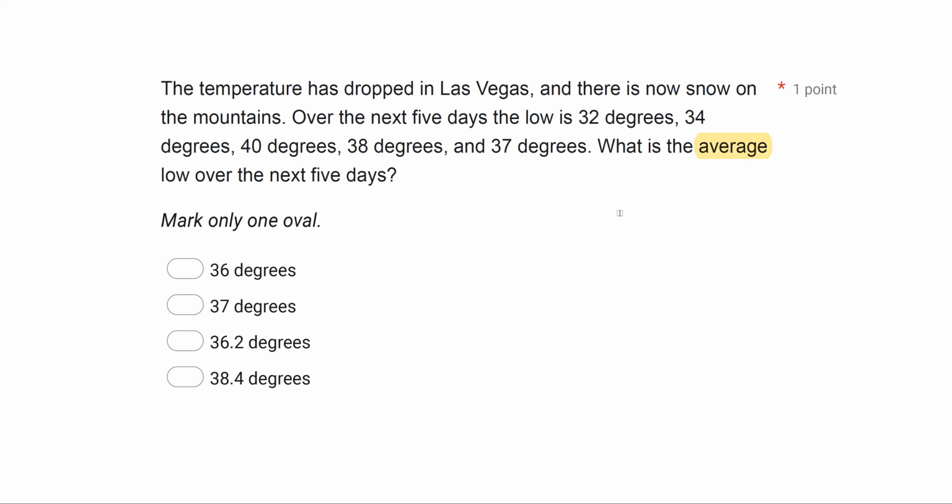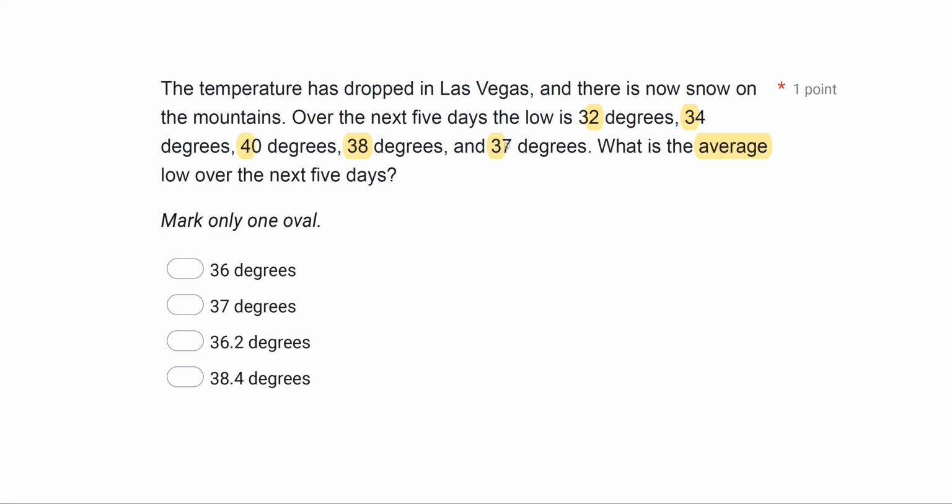If you don't know how, it's totally fine. You need to practice. I have a feeling many of you, or most of you, do. And so if you get asked to find an average, you should consider that a really good thing because that should be a pretty easy question to answer. In this case, what are our data points? We have 32, 34, 40, 38, and 37.